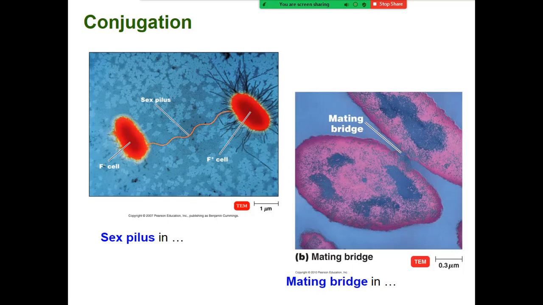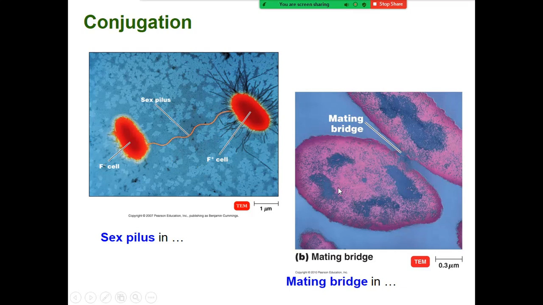Conjugation is also called sexual conjugation, and conjugation happens in 2 ways. In gram-negative cells, it happens via the sex pilus and the F plasmid. We'll talk a little bit more about the F, there it is there. The F plus cell, and then the sex pilus coming from it. The second way sexual conjugation can happen is in gram-positive cells. It can happen with a mating bridge forming.